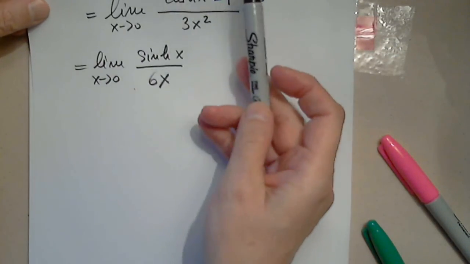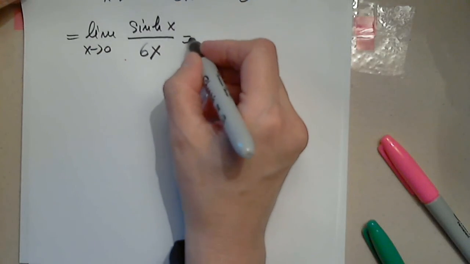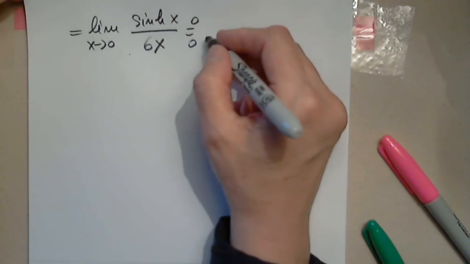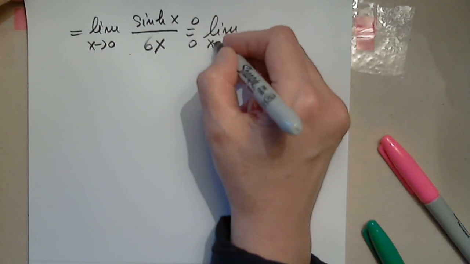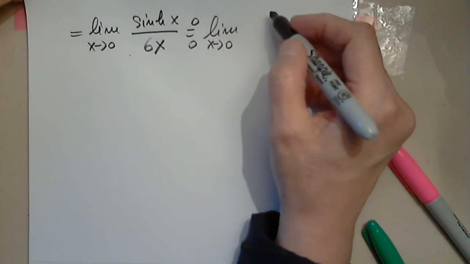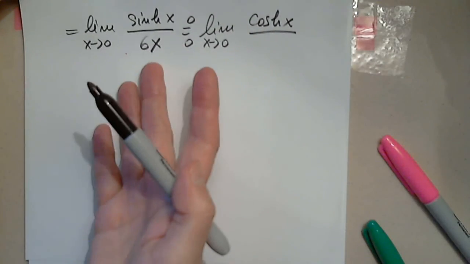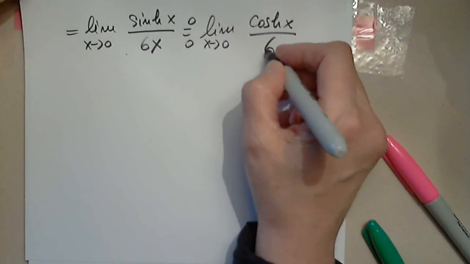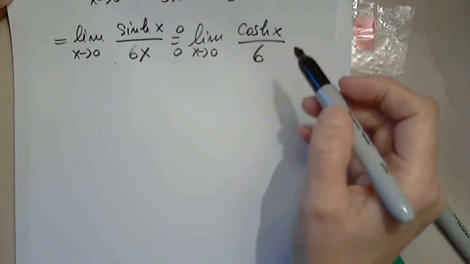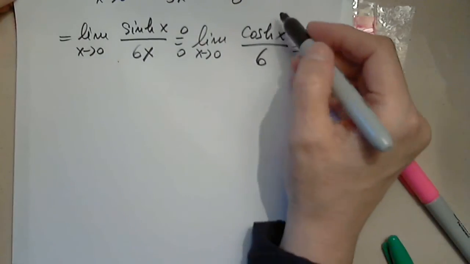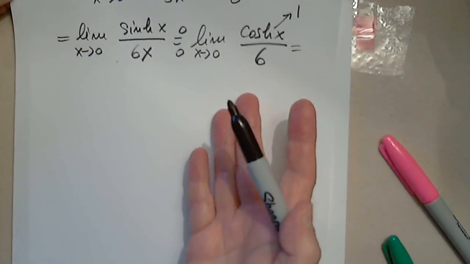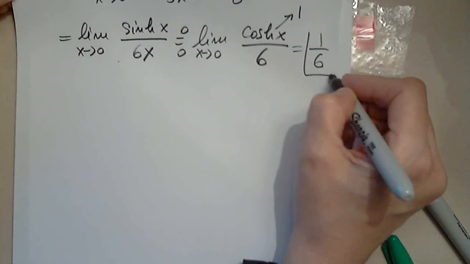It's still 0 over 0. And I differentiate again. Limit as x approaches 0. The derivative of hyperbolic sine is hyperbolic cosine. I differentiate the denominator and I get 6. I am finished with this because the numerator approaches 1 and the denominator is 6. So the answer is 1/6.